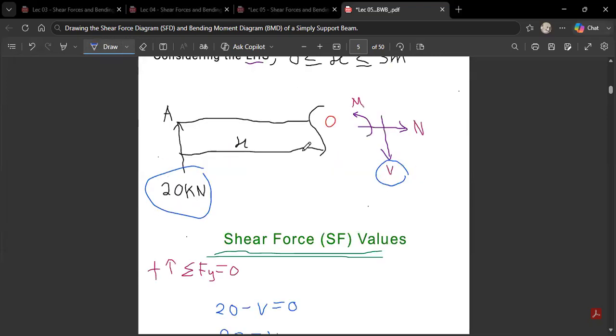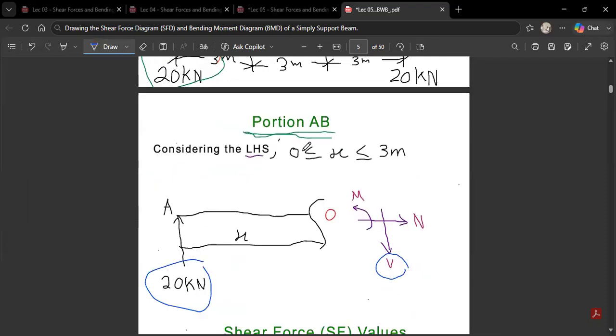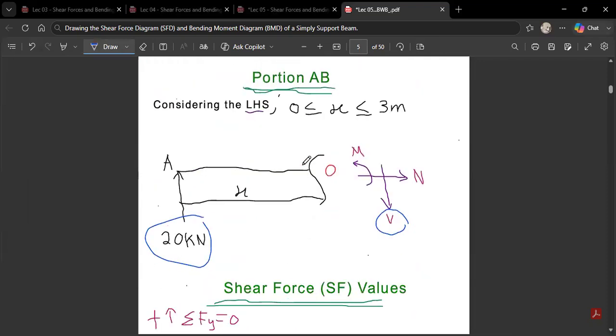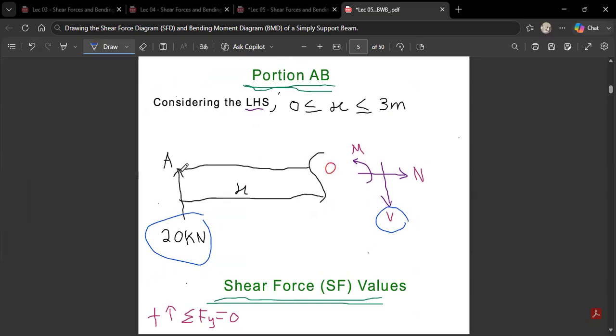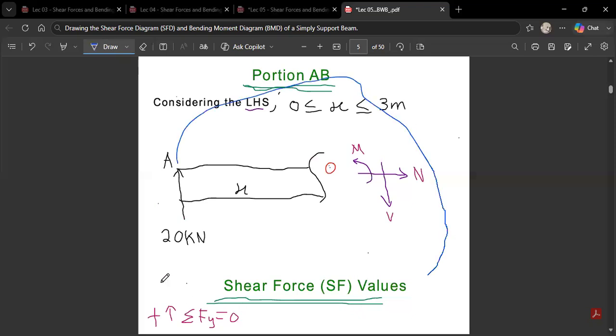If you stand over here with your compass and you open to here, then you realize that the 20 is going to multiply the x. If you take the moment like that, it's going to be 20 times x, because the distance of x would have been covered.